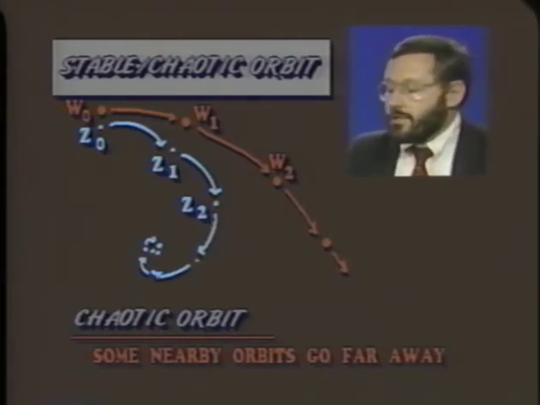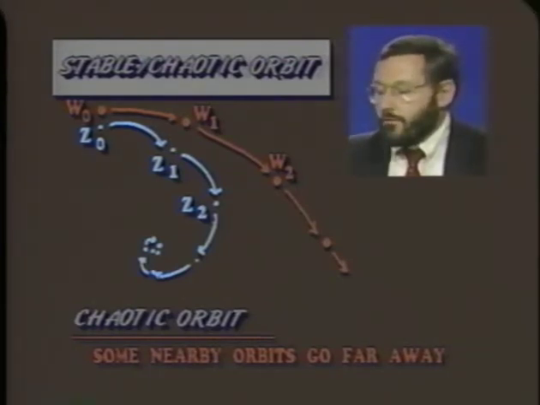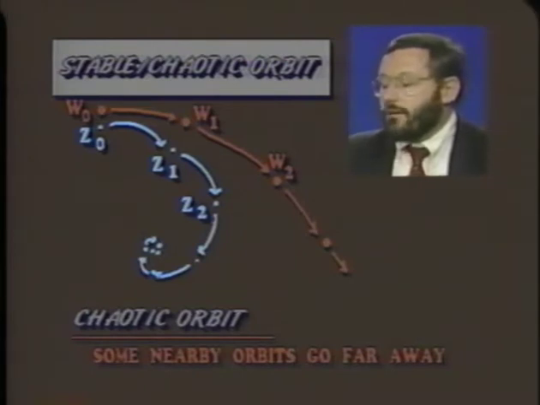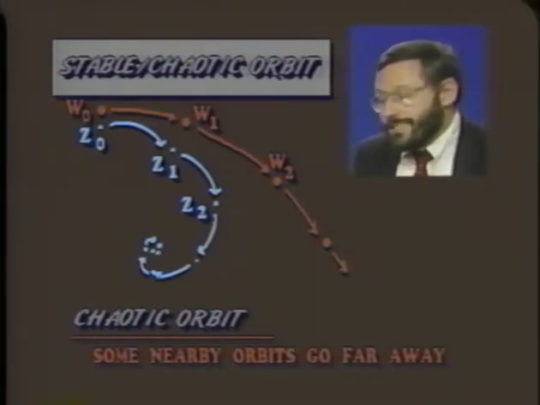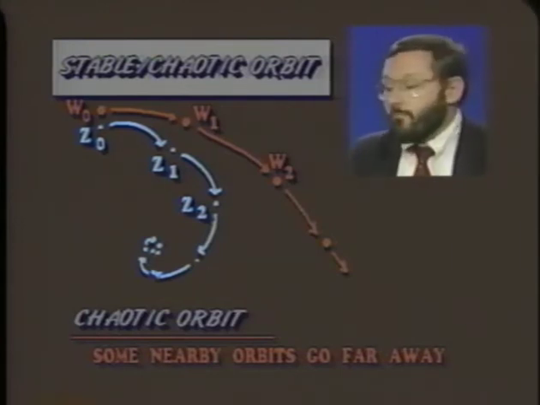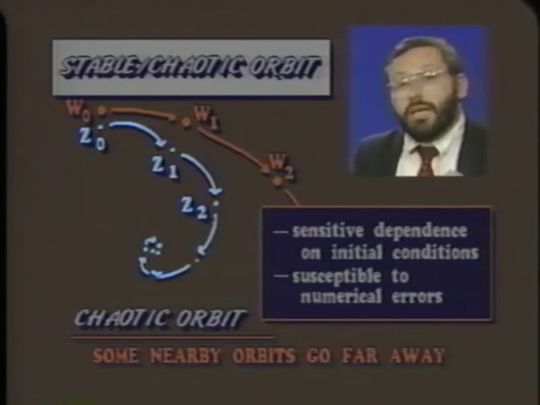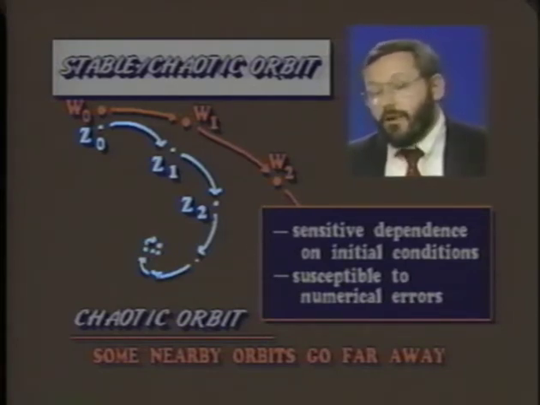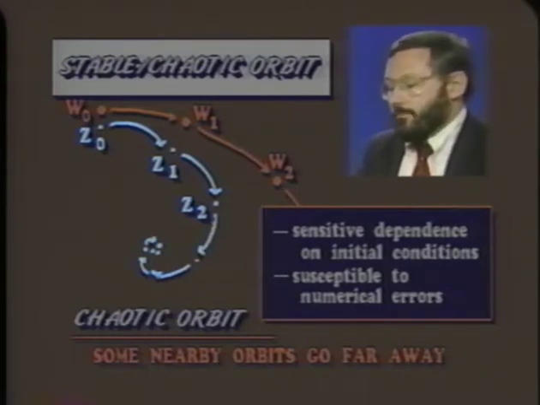Notice that the orbit of Z simply converges down to some fixed point in the plane, whereas arbitrarily close by, the orbit of W goes far out to right field. So this is an example of an unpredictable orbit. Make a small error in your initial condition, and the resulting orbit behaves vastly differently. This is the hallmark of chaos. This is the hallmark of unpredictability.